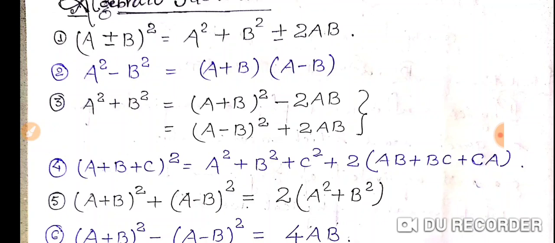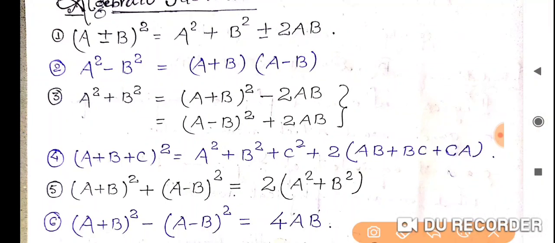First is (a+b)² = a² + b² + 2ab. Next one is (a−b)² = a² + b² − 2ab.